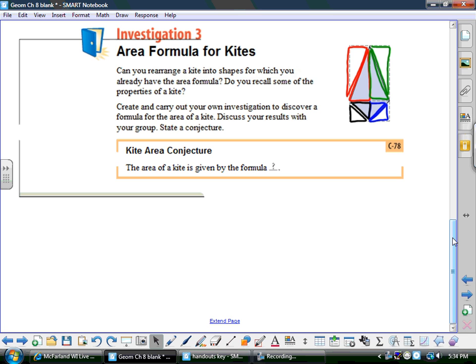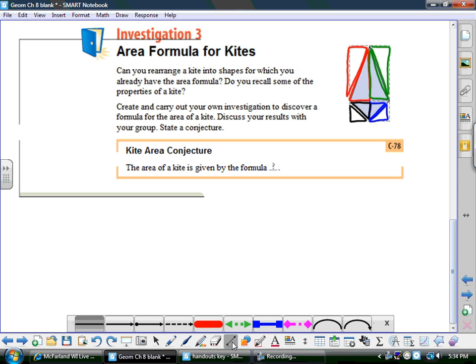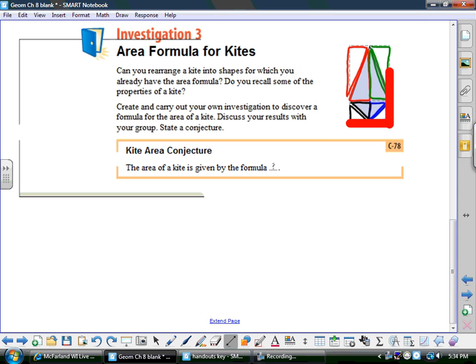So if I figured out the area of the whole big rectangle that they drew around the outside of the kite, I would be figuring out too much. There would be all of this blank area that I'm figuring out extra, but the kite would take up exactly half of that big rectangle.